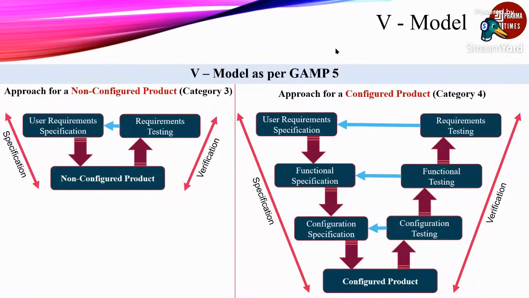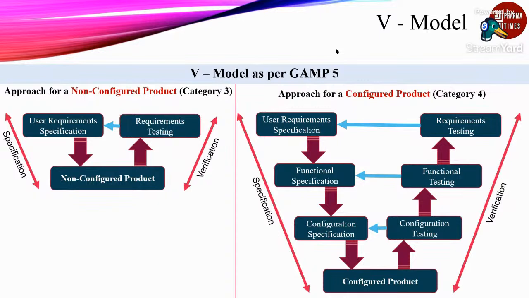So as per GAMP 5, we are considering different categories of software. So the V model is different for different categories. For category 3, meaning non-configured product, the V model is like this. It is a simple V model, meaning our requirement is there, and the system has built-in features which are ready to use.